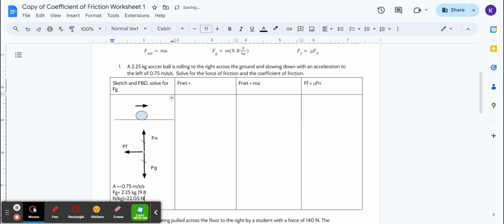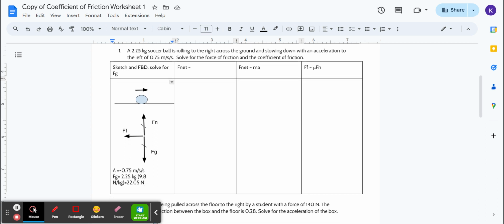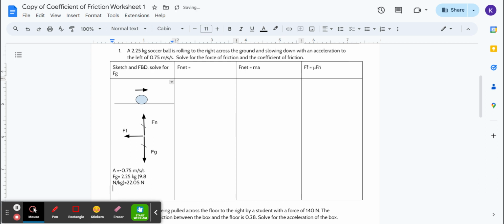And even though this is a horizontal problem and Fn and Fg cancel out, I am going to need to solve for them because of that Fn in the friction equation. So now I know Fg and I also know Fn is 22.05 newtons.